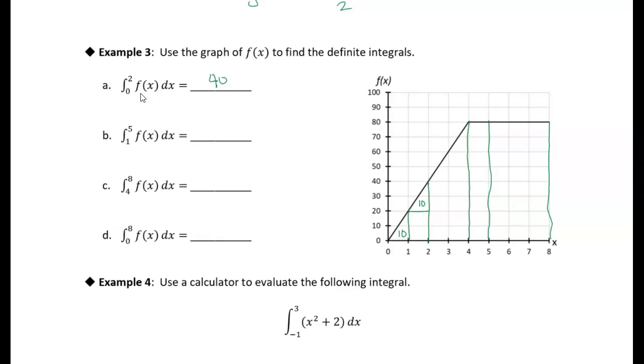Because it's 1 by 10. So this is 10, this is 10, and then this little triangle is half of 2 grid squares. So another way you could do it is just count up the little rectangles and multiply by 10, which would be another way you could find the area.